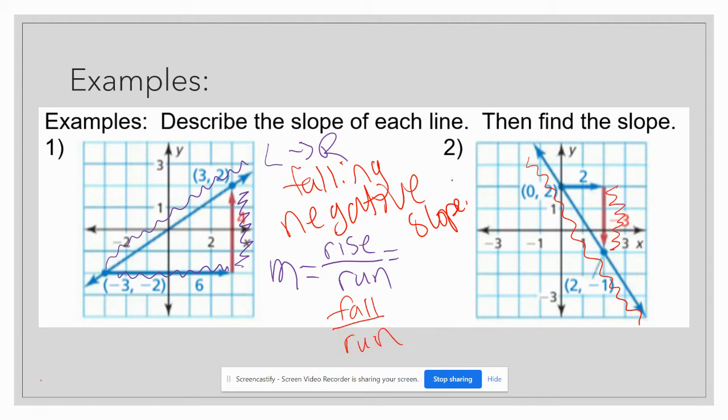So it looks like here I'm falling 3, negative because it's falling, and I'm running 2. I can't reduce 3 over 2, so we're leaving that as negative 3 over 2. Let's have you try 3, 4, and 5.